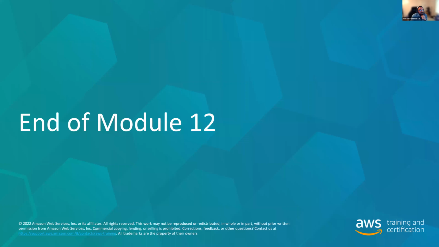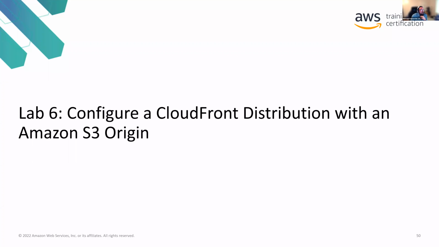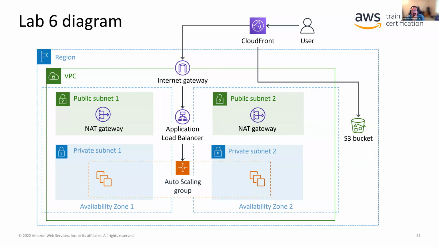All right. This is a short one. We're going to roll into lab 6, to configure a CloudFront distribution with an Amazon S3 origin. This is going to allow you to get your hands on CloudFront. Here's the basic setup that we're looking at. One, you're going to explore an existing CloudFront distribution.